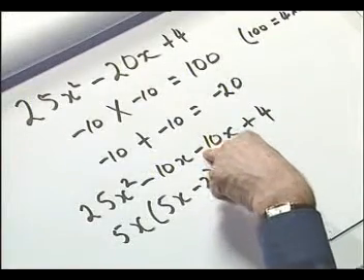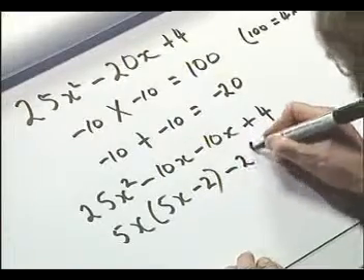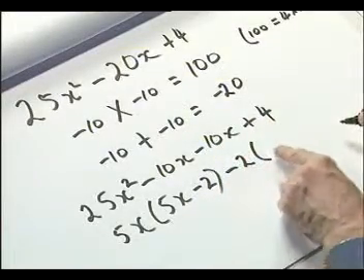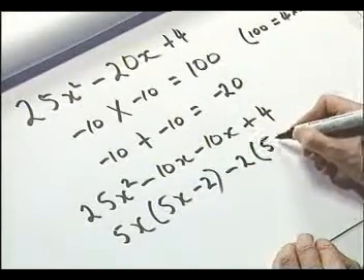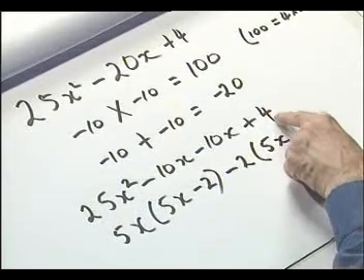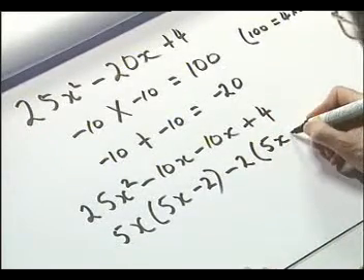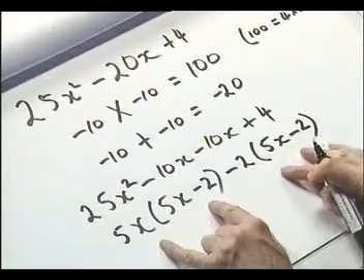So perhaps we better take minus 2 as our common factor, which will give us minus 2 times by something has to give us minus 10x. That's going to be 5x. And minus 2 times by something has to give us plus 4, which is going to have to be minus 2. Two lumps of algebra.